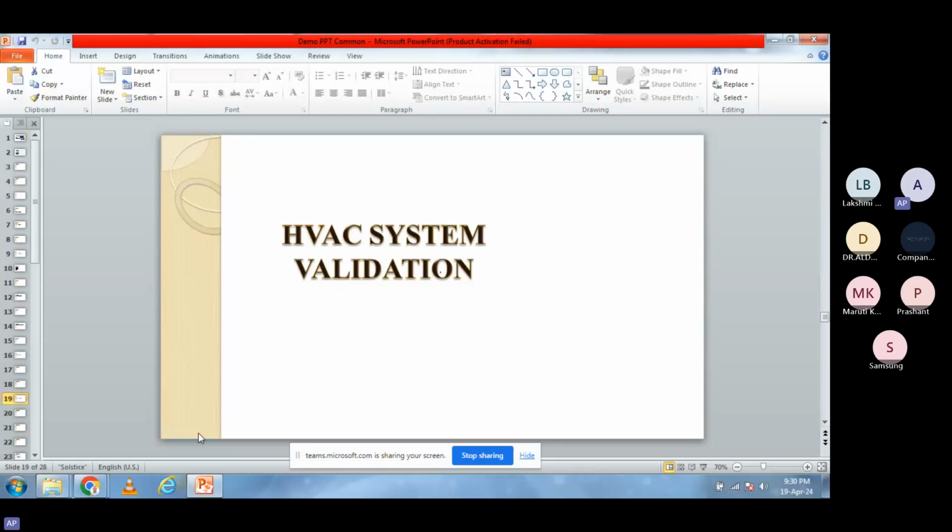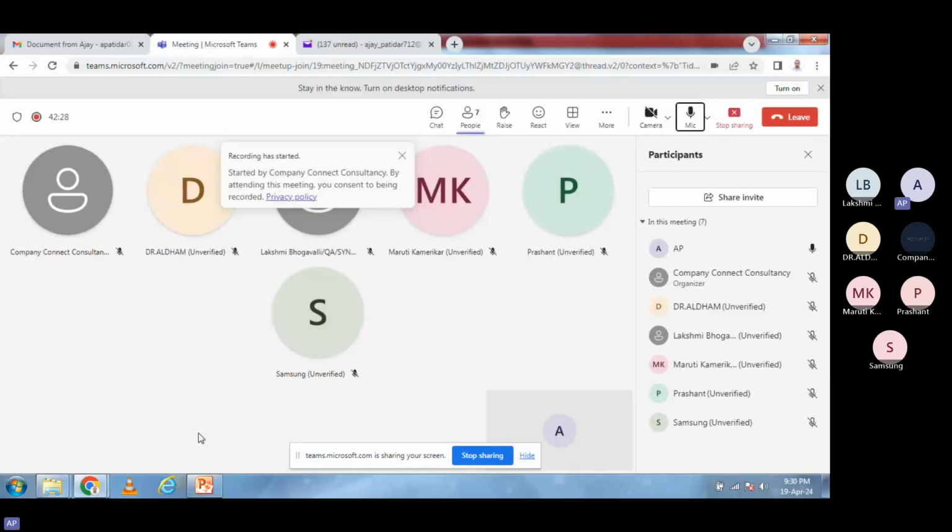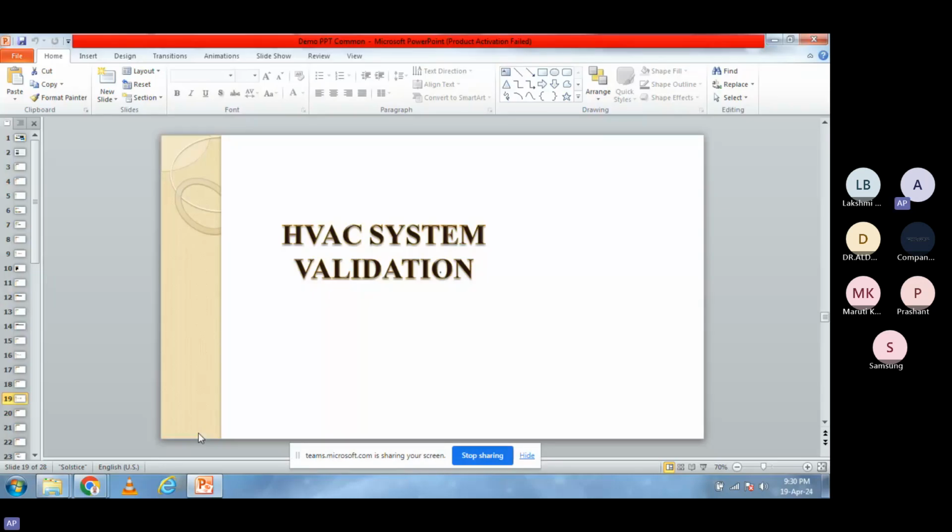When we talk about a closed system where there is no ventilation, the people working in it will not be comfortable. So one system assures that people working in the area are comfortable, as well as that the area status is in compliance.